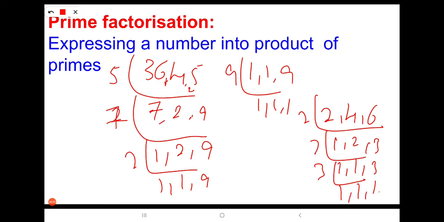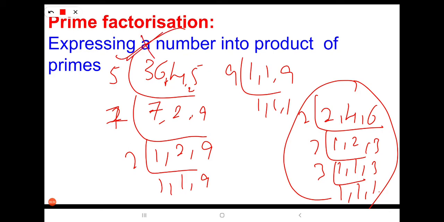This is different. So here it is wrong. Prime factorization we do for only one number. LCM we do for two or more numbers.